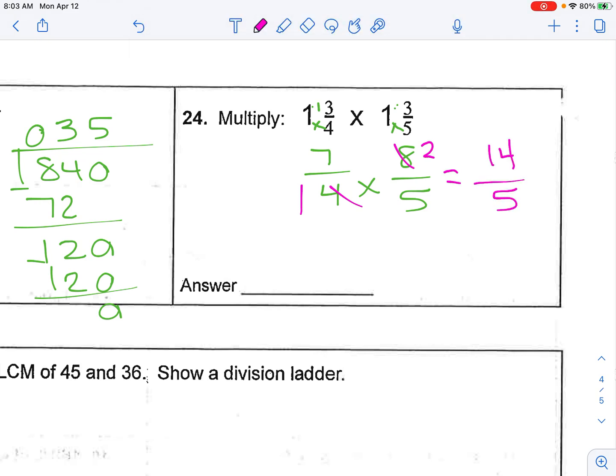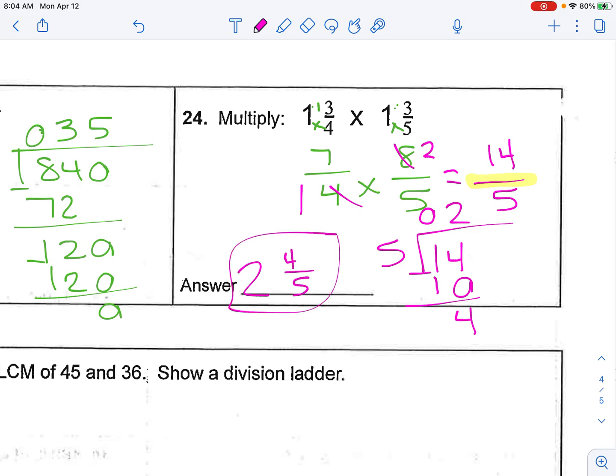Multiply numerators. Multiply denominators. That is improper. Remember, this fraction bar means division. That fraction 14/5 is asking what is 14 divided by 5. So we're going to figure it out. 2 4/5.